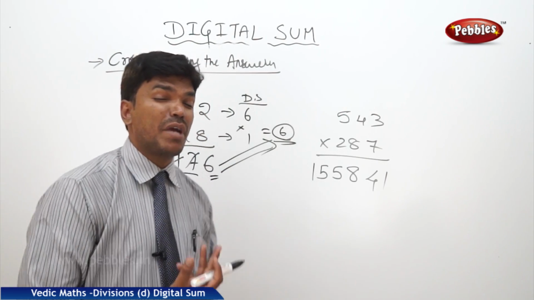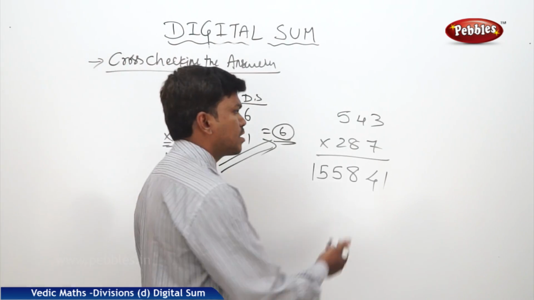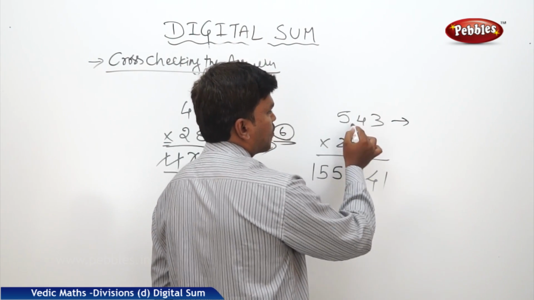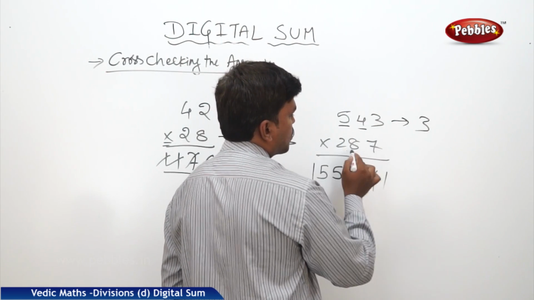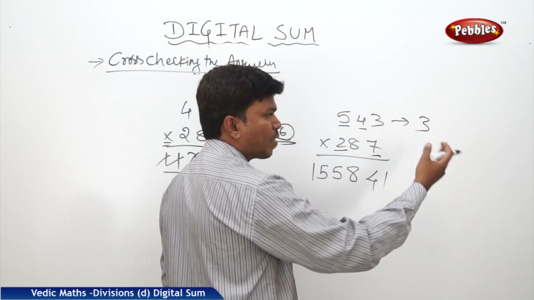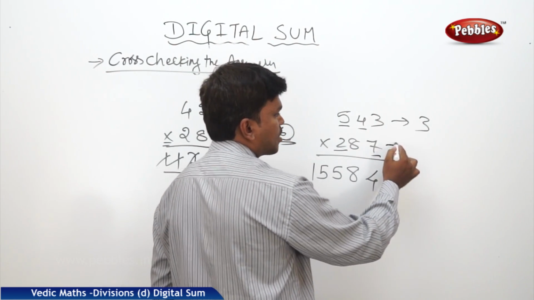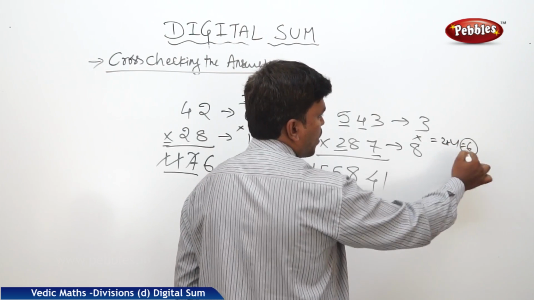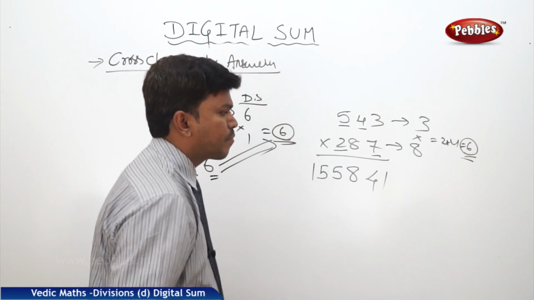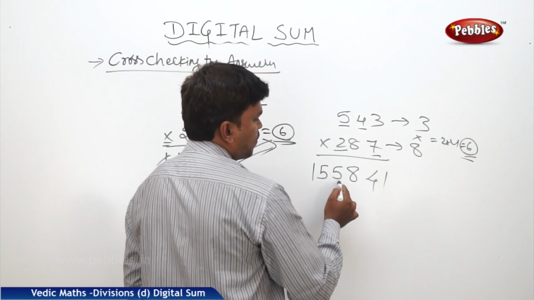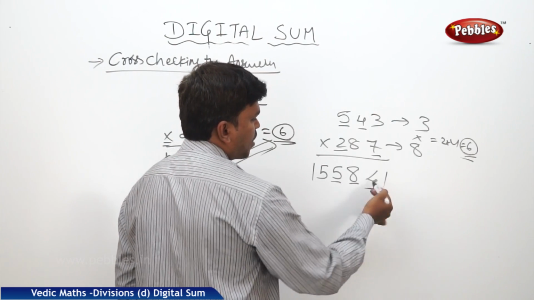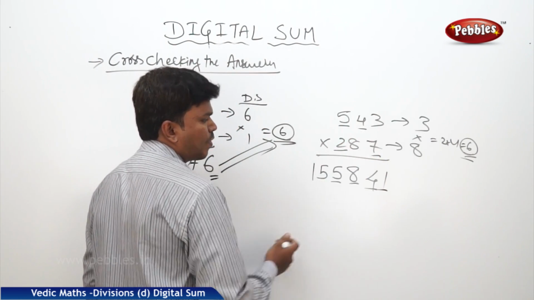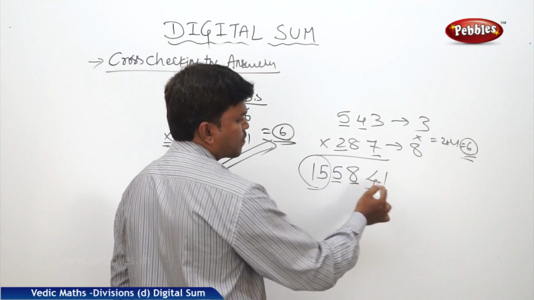I want to check whether my answer is right or not. Let us see the same way. 5 and 4 ignore, 3, 2 and 7 ignore. Why? Because they are adding up to 9s, right? So I am ignoring. 8, so 3 into 8, 24, that is 2 plus 4, 6. So I got the digital sum as 6. Let us see the answer. 5 and 4 you can ignore, 8 and 1 also you can ignore. Why? Because they are adding up to 9s. Now remaining is 15. 1 plus 5 is 6.